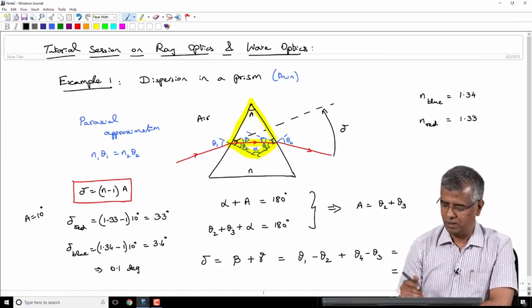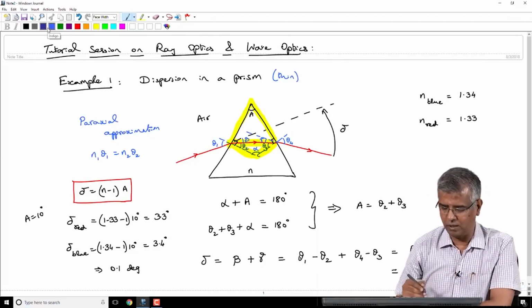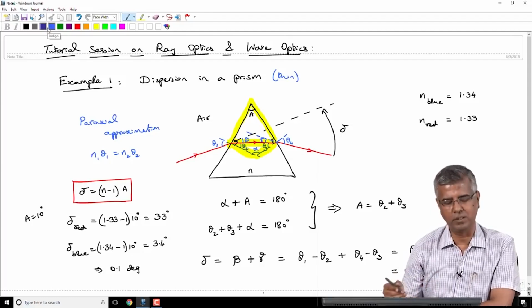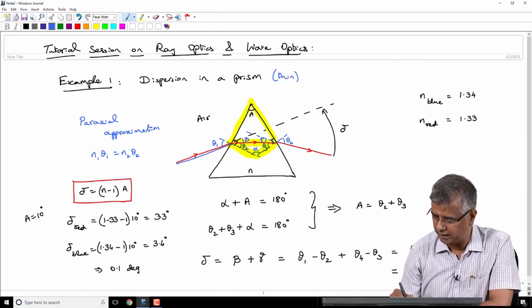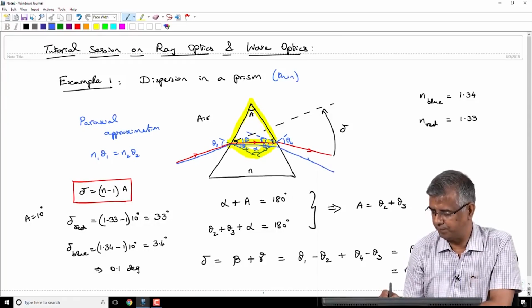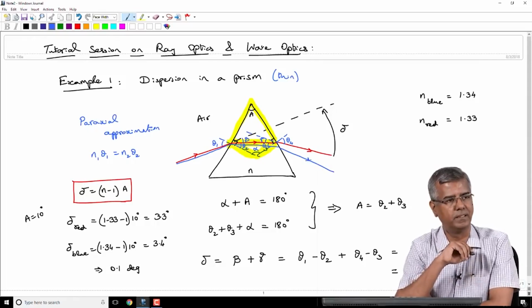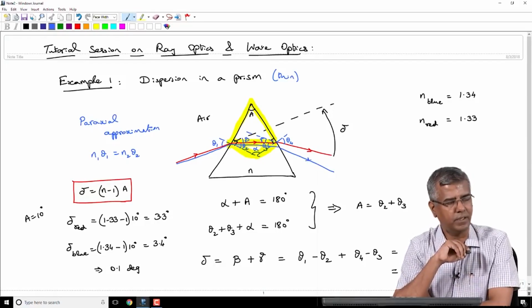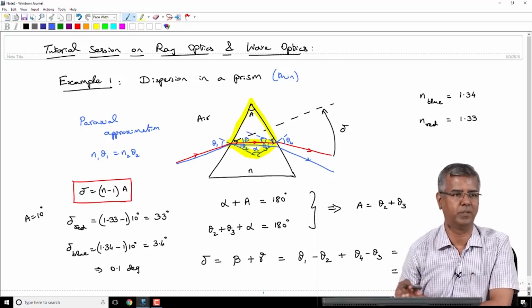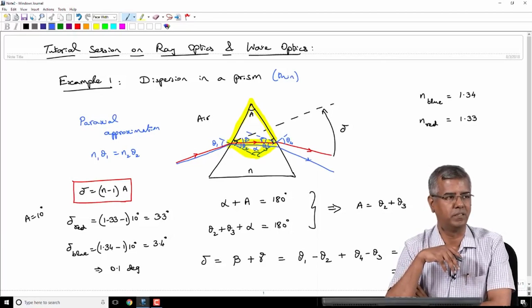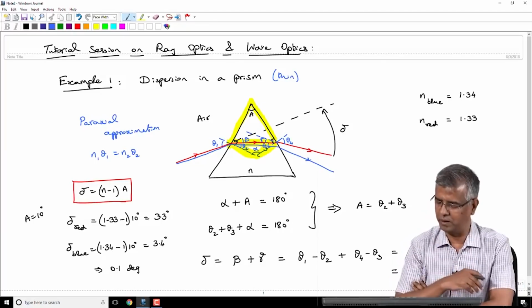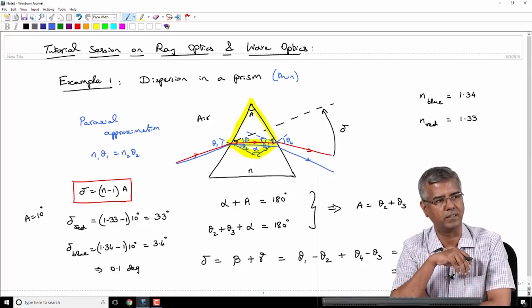So if I were to draw this blue light also in the same graph, because of this higher refractive index, it is going to take a slightly different path with a slightly different deviation. I am just exaggerating that for effect, but you can see the dispersion you are going to have when you consider a prism like this.